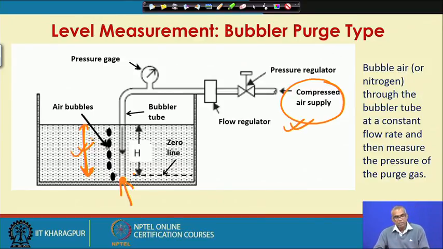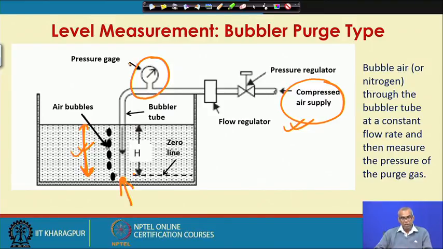So, to measure the liquid level, I will slowly regulate the supply of this compressed air and note at what pressure the air bubble just escapes from the free end of the bubbler tube.